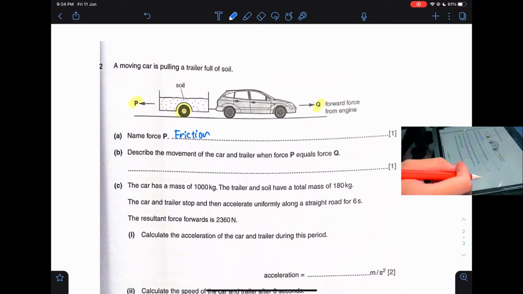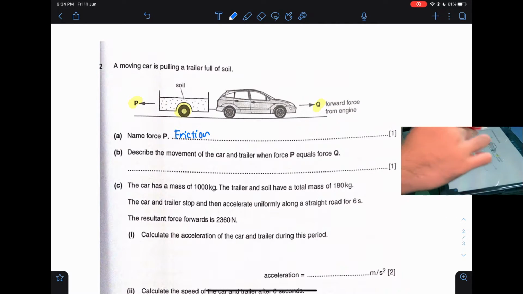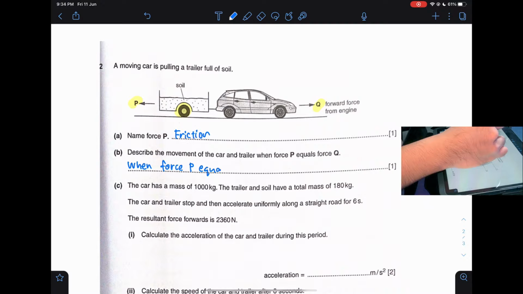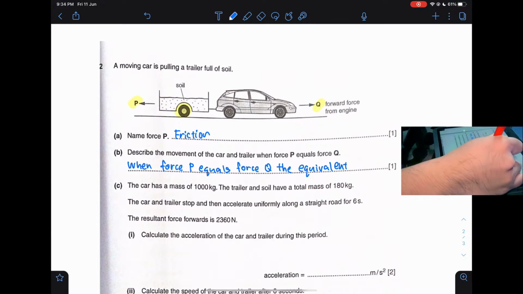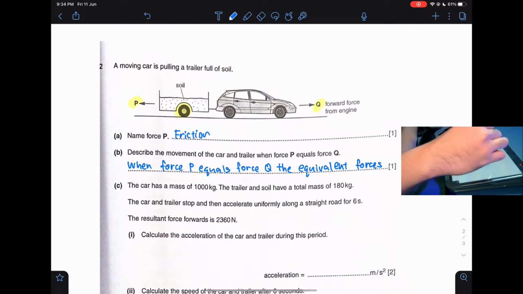Part B, we need to describe the movement of the car and trailer when force P equals force Q. When force P equals force Q, the resultant force acting on the car and the trailer is 0.